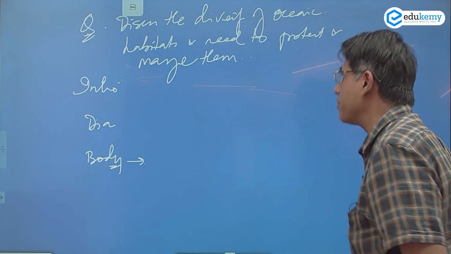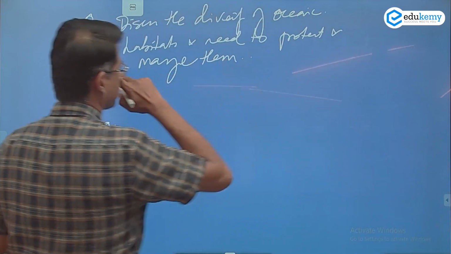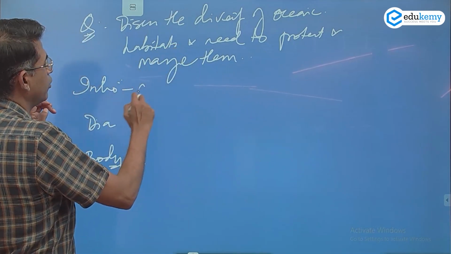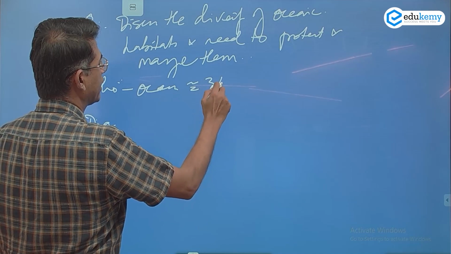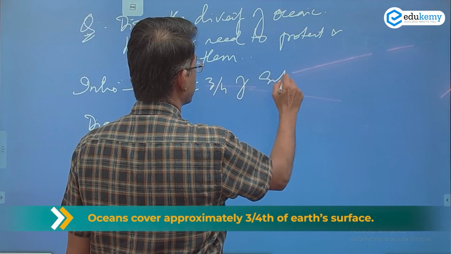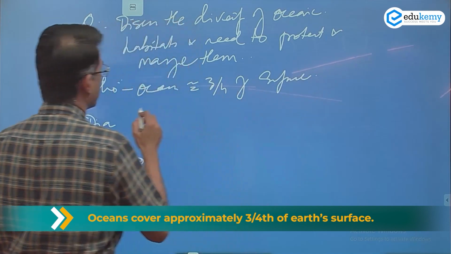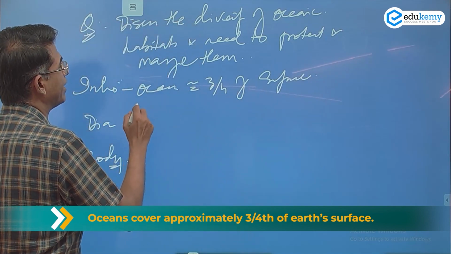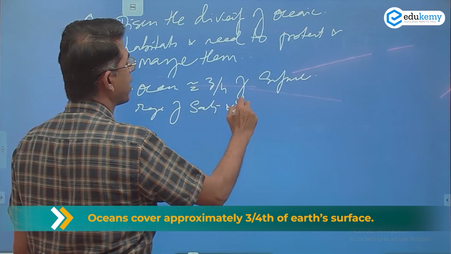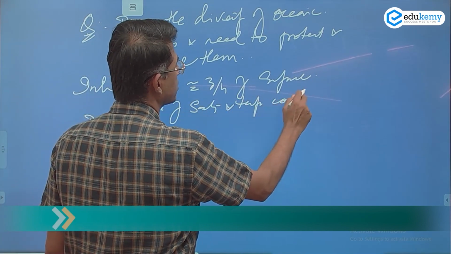So in the introduction, what you do is give a generic idea that oceans cover approximately 3/4 of the surface. Oceans have a range of salinity and temperature conditions.